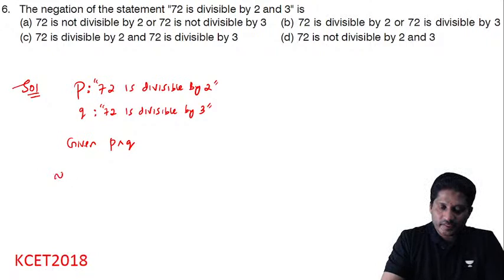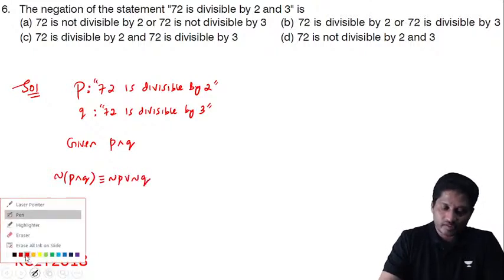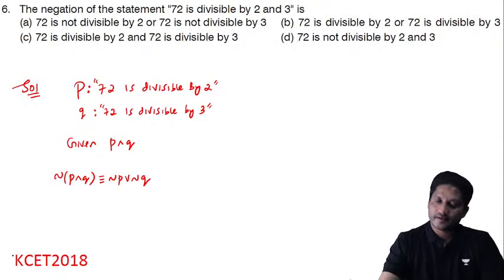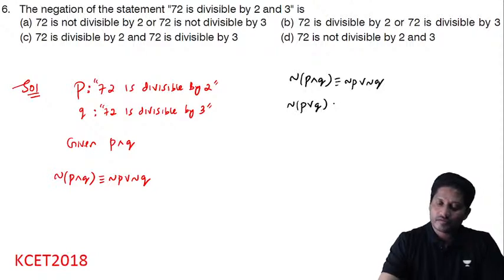Now negation of p conjunction q is logically equivalent to negation p disjunction negation q. I have given you this in my previous videos as well. Negation of p conjunction q is logically equivalent to negation p disjunction negation q. Negation of p disjunction q is logically equivalent to negation p conjunction negation q.